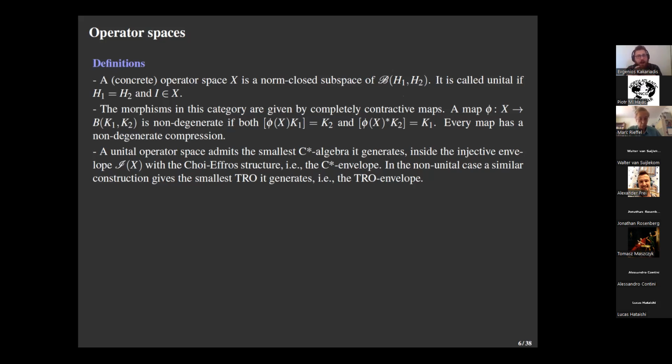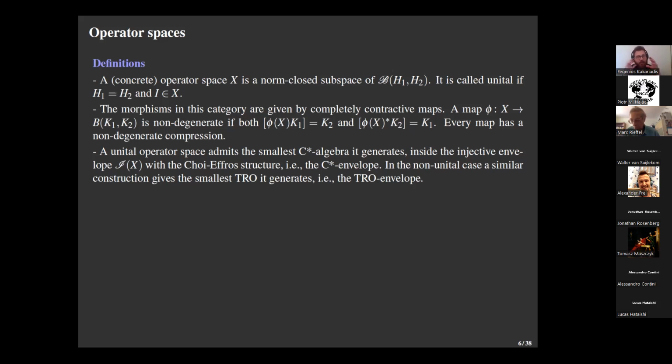I'm going to say that the map phi is non-degenerate if it is non-degenerate with respect to X and the adjoint. That's a little bit stronger than just having that [phi(X)K1] generates K2. I also want the dual: [phi(X)* K2] generates K1. Again, the bracket here is the closed linear span.